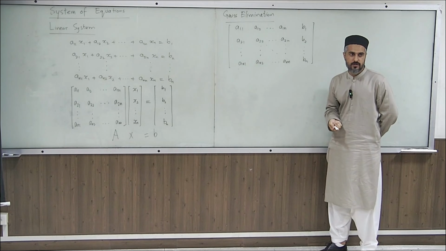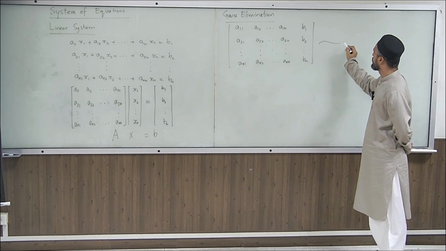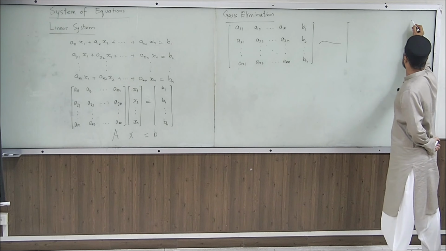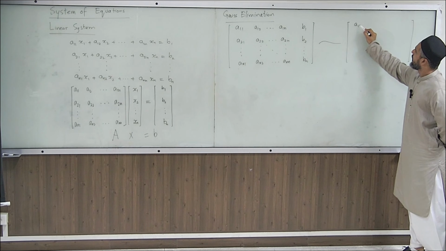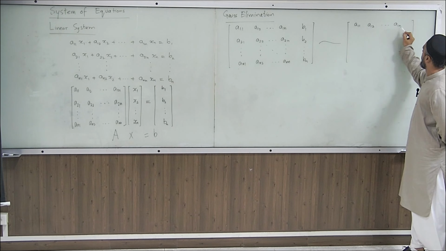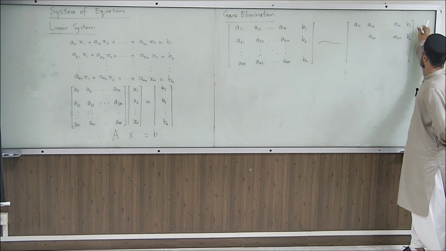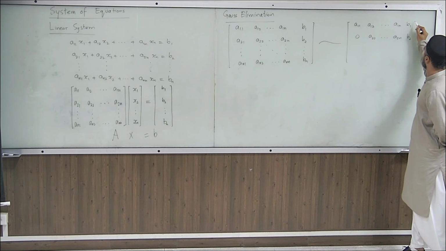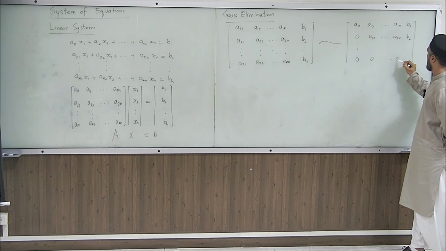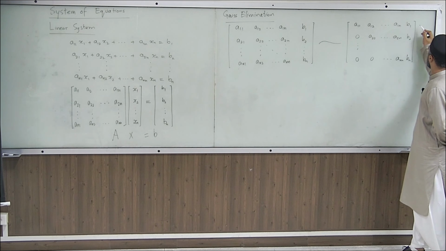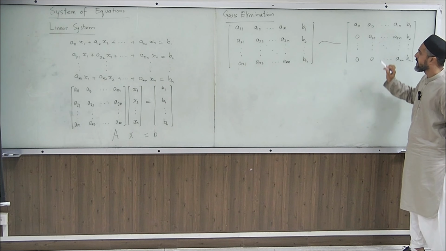And the objective of the Gauss elimination is to convert this into a form such that it is an upper triangular matrix.